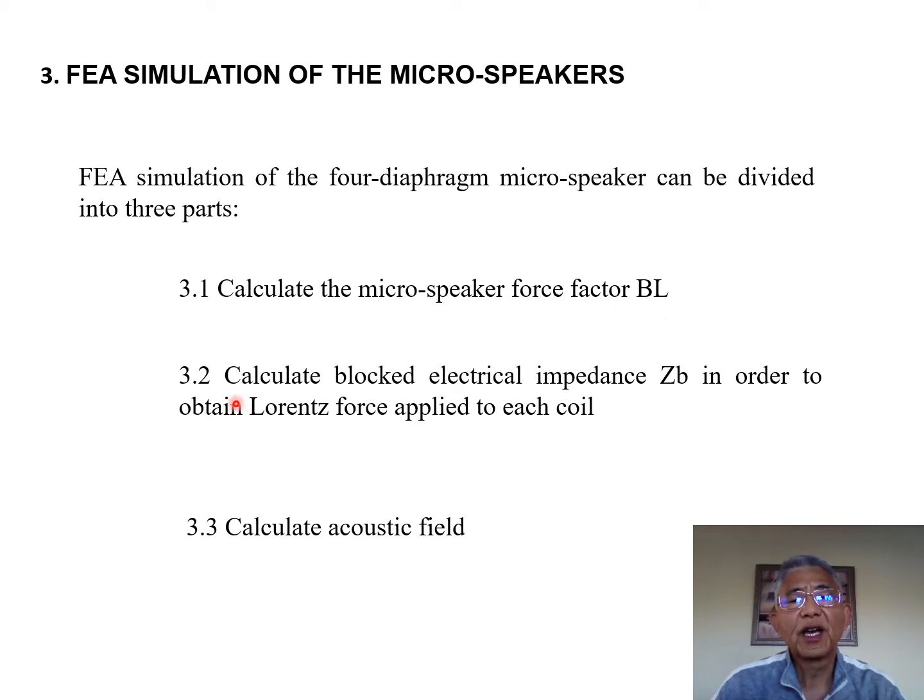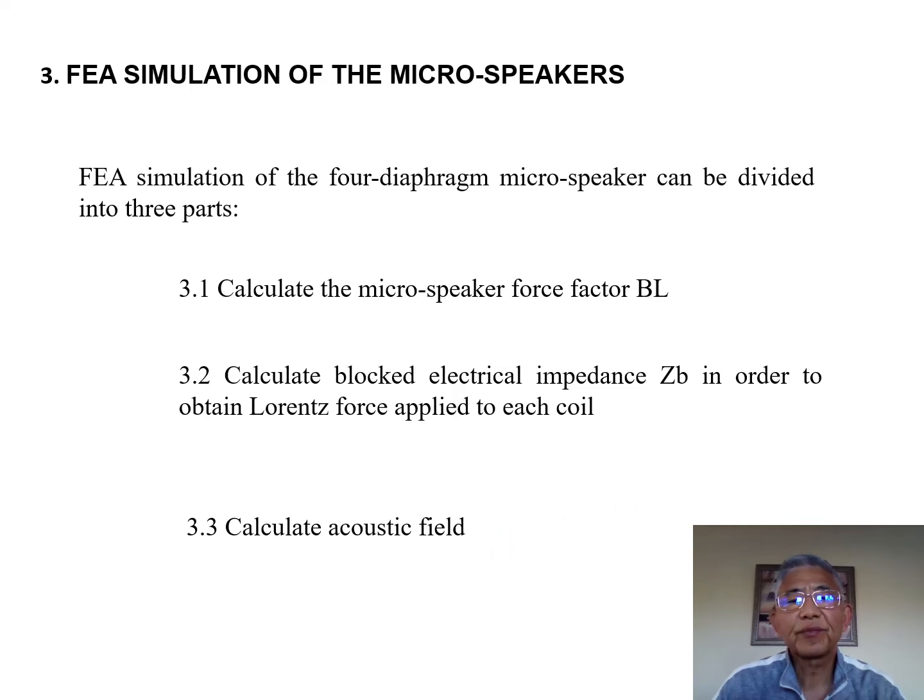The second is to calculate the blocked electrical impedance Z sub B in order to obtain the Lorentz force applied to each coil. Third, calculate the acoustic field and the SPL response curve.